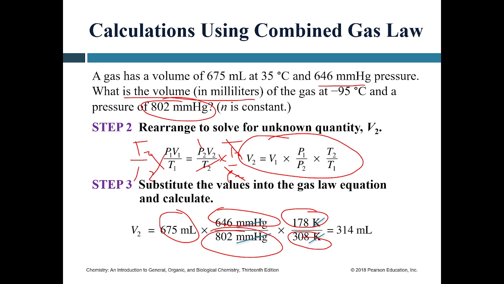That equals, and then we would take these numbers, 646 times 675, then divided by 308. 1,415. Thank you. mmHg times milliliters over Kelvin.